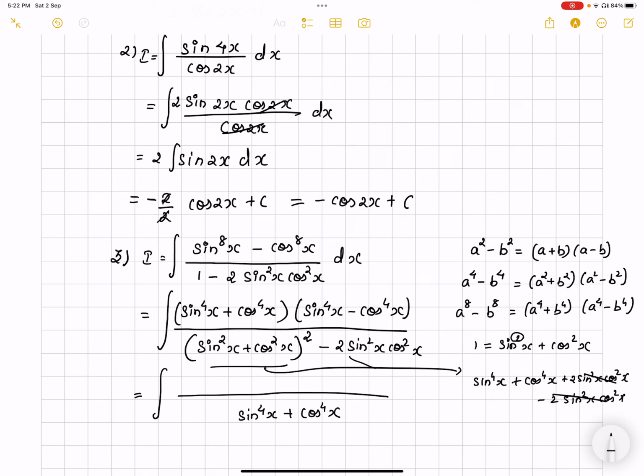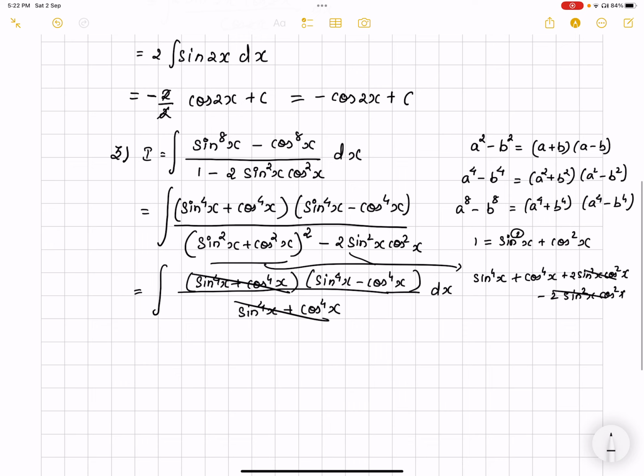Here we have sine power 4x plus cos power 4x, and then we have sine power 4x minus cos power 4x. Obviously, these two would be cancelled because both are same. And then we are left with the integral of sine power 4x minus cos power 4x dx.